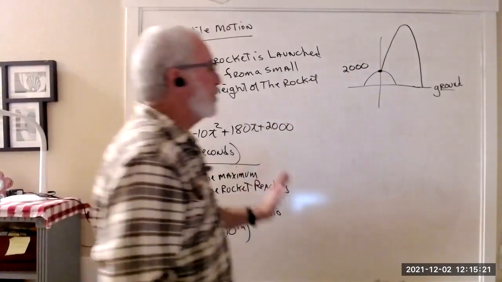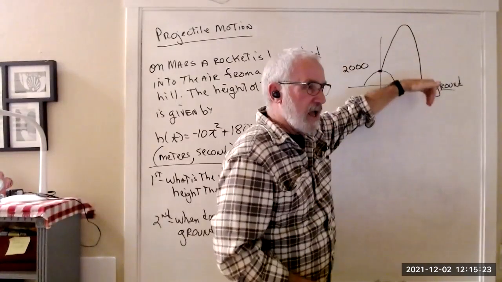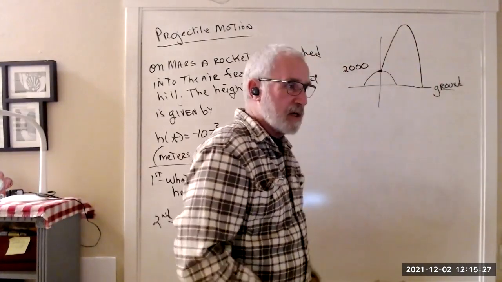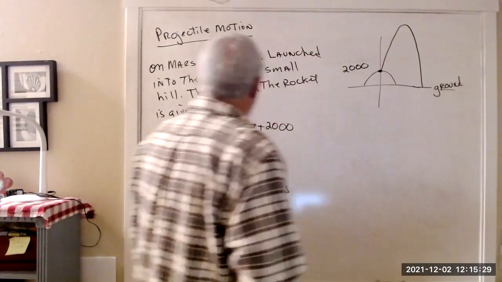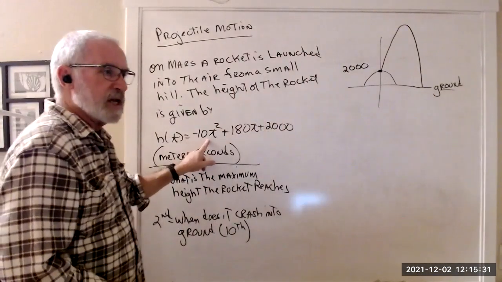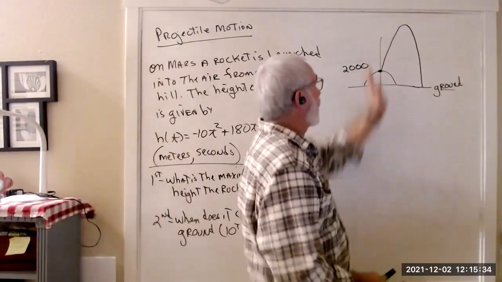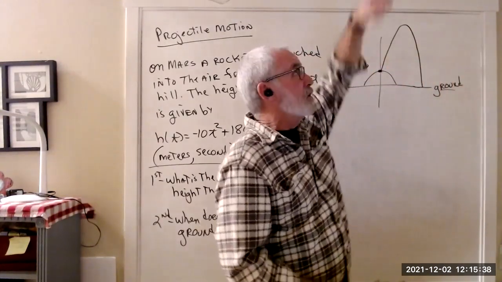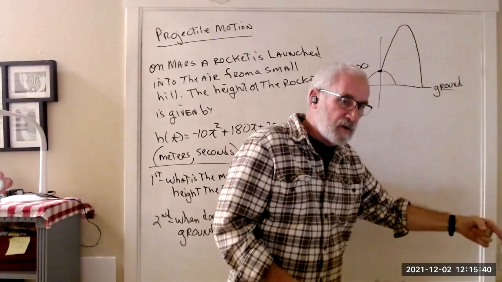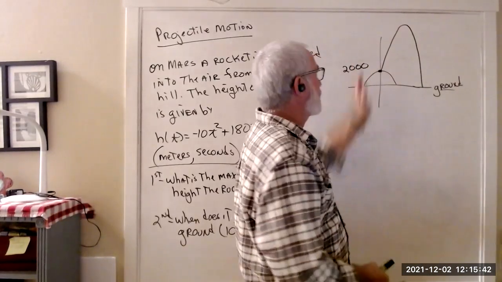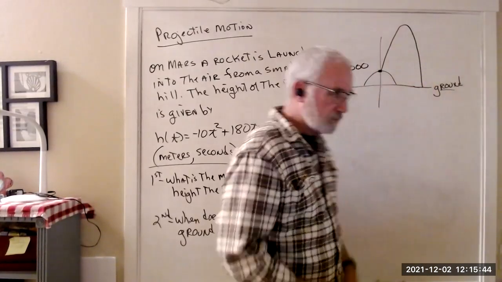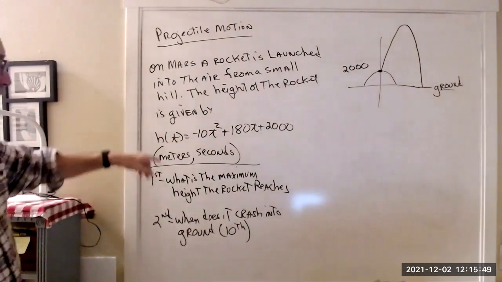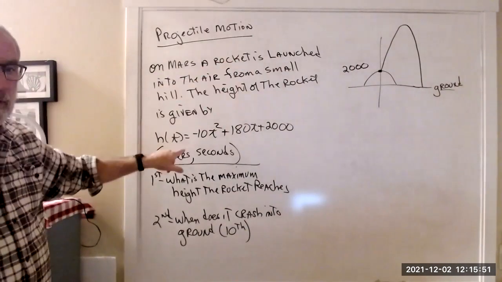It's a down parabola. And if you go back and look at all your notes from chapter 9, when we did all that projectile motion stuff, it was always negative something squared. And I always drew this picture because it made sense. Something goes up in the air and comes back down. Its natural path is a down parabola. So the first thing you need to know is recognize that, yeah, that's the shape of the parabola.